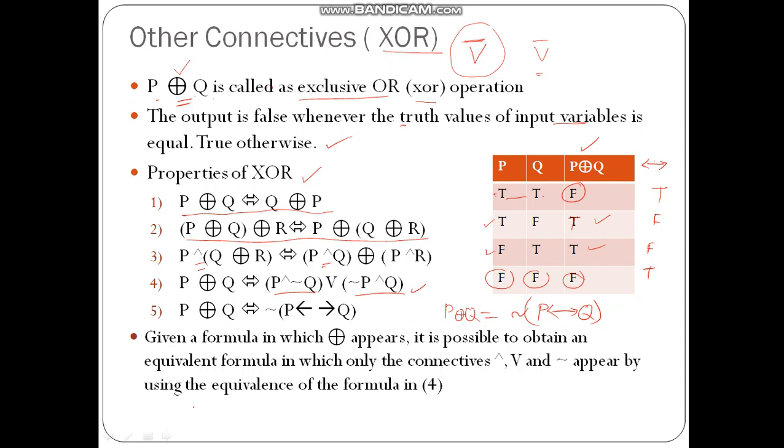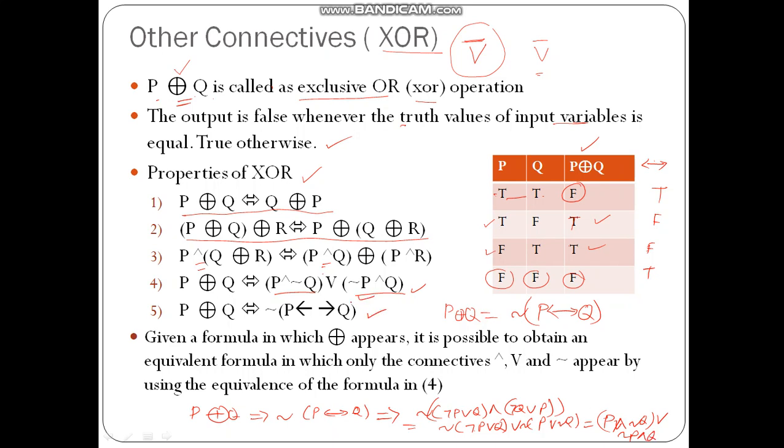For example, P XOR Q can be rewritten as not of P double implies Q, and if you extend this, it will be equal to not of not P or Q, and Q or not Q, or P or not P. If you take this negation inside, it will become not of not P or Q, or not of P or not Q, and if I take this inside, you will get P and not Q, or not P and Q. So that is this one.